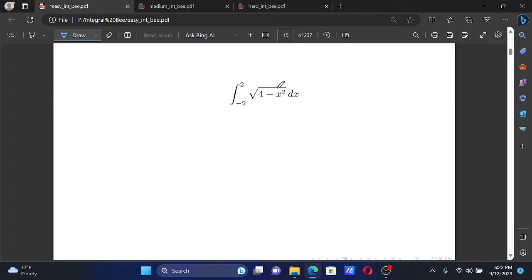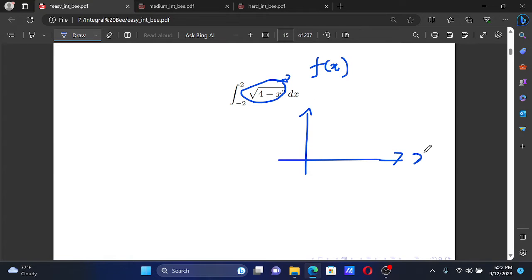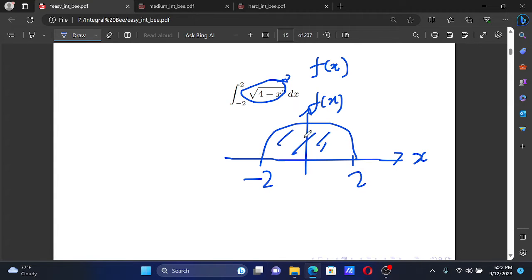For this one, we would want to check the graph of f of x first. If we check the graph of f of x, we would find that the graph is something like a semicircle. It's actually a semicircle. And how do I know this?